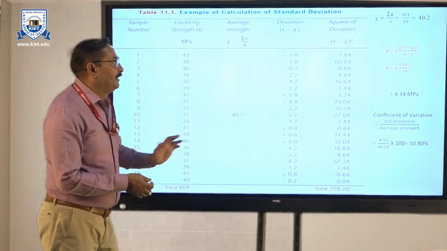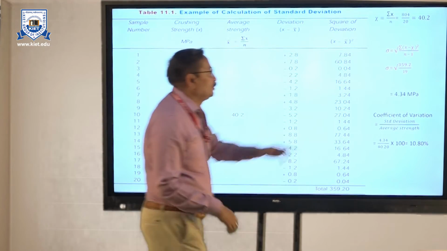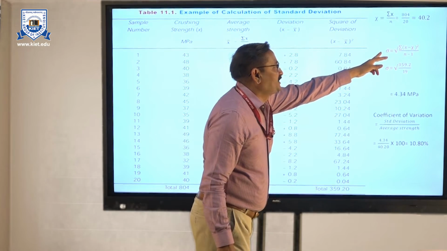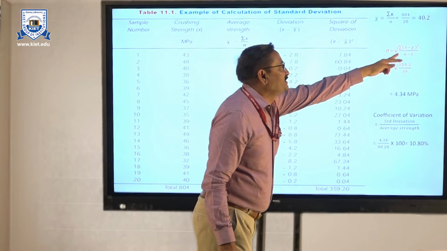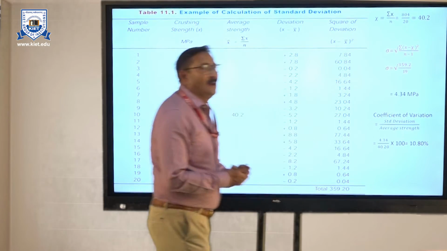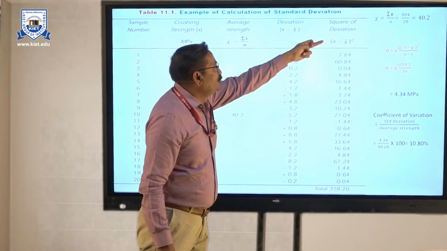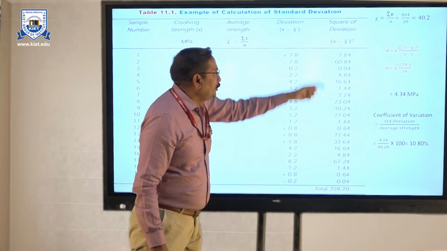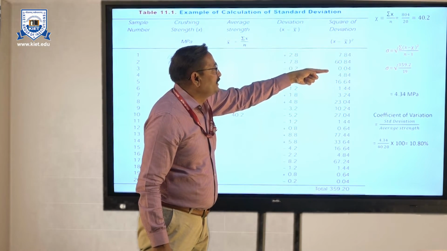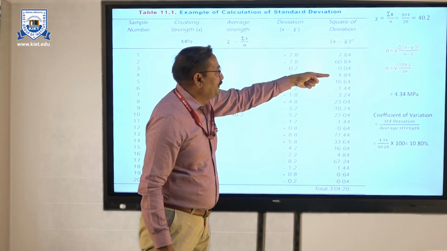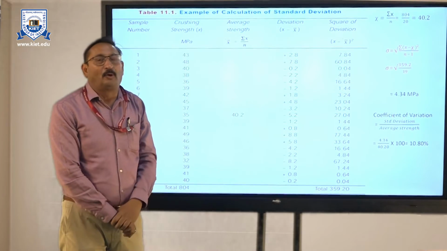Now, in the last place, you can see that sigma, that is standard deviation, is equal to square root of summation of (x minus x bar) whole square divided by n minus 1. It means that we have to sum up the values of the square of the deviation. Now, if you add 7.84 plus 60.84 plus 0.04 plus 4.84 and so on, we get the value 359.20.